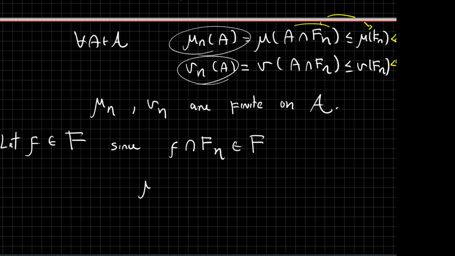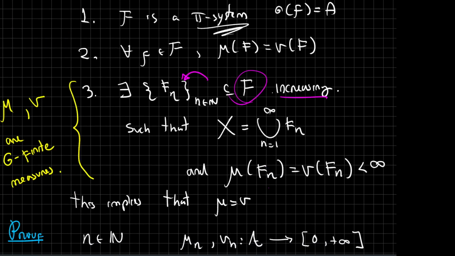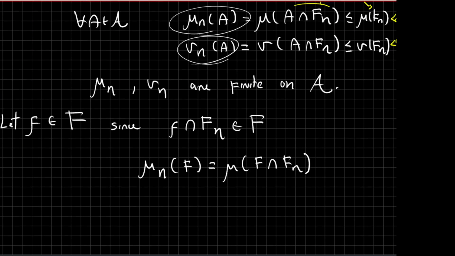And so the value of this measure on F will be equal to the value of this intersected with Fn, and this is because it is an element of F, which was the set on which both measures coincide. This is written here.